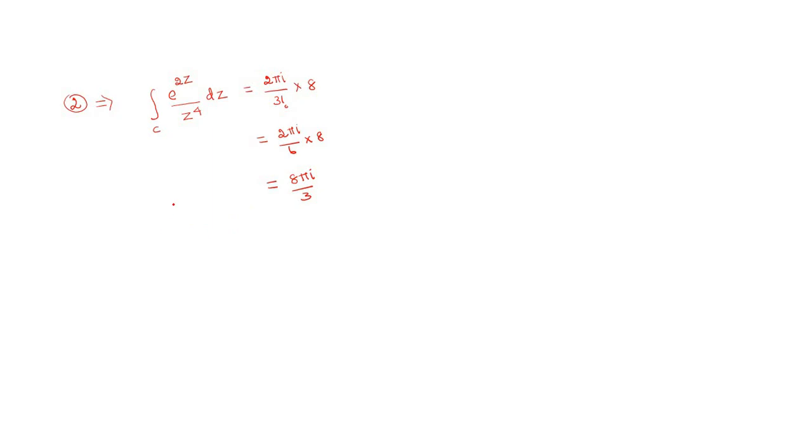So that is, integral over C e power 2z divided by z power 4 into dz value is 8 pi i divided by 3, which is solved by using Cauchy integral formula.